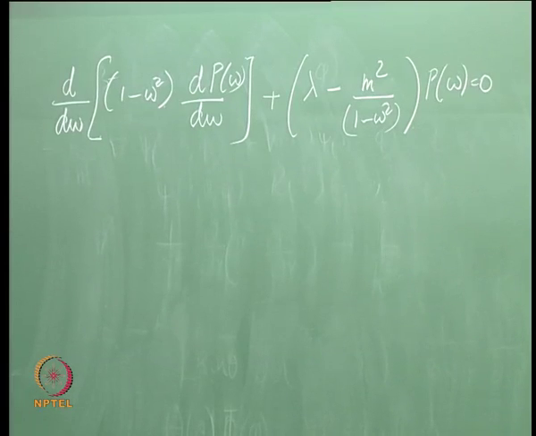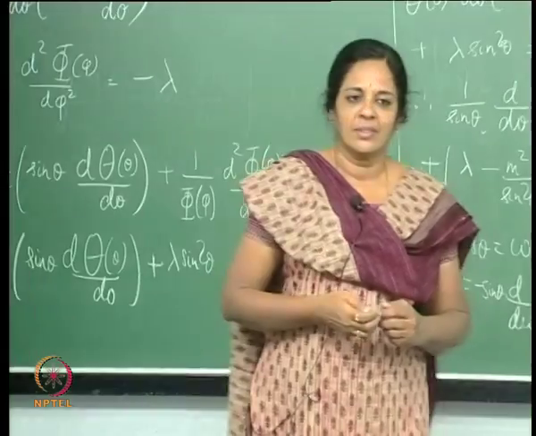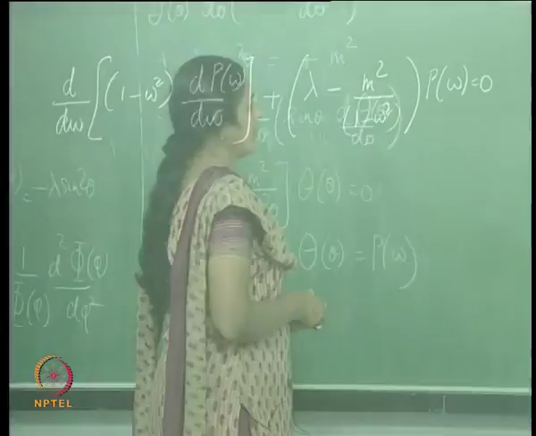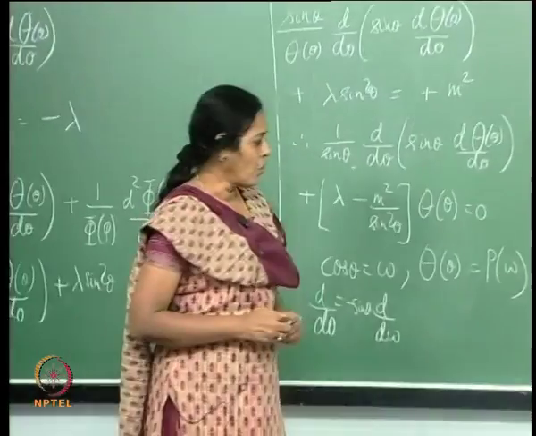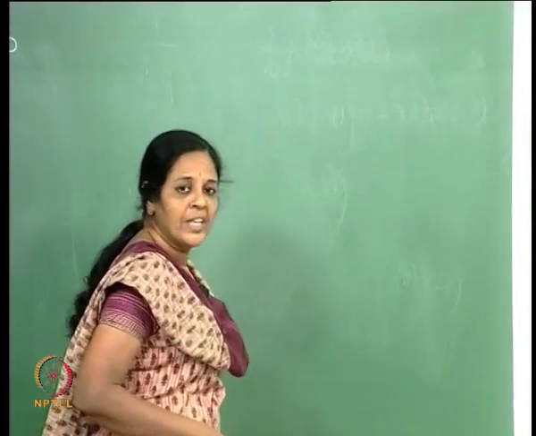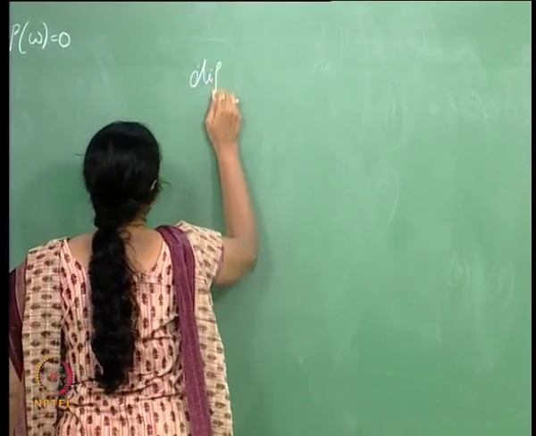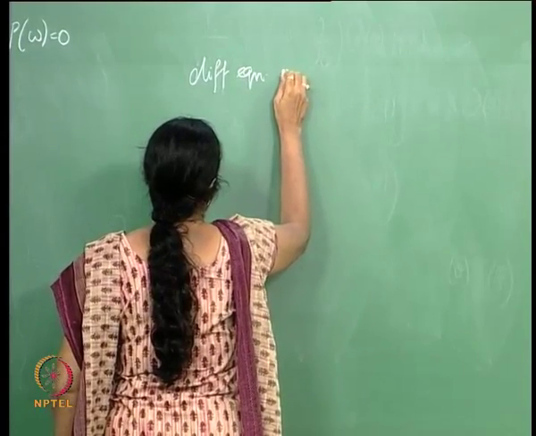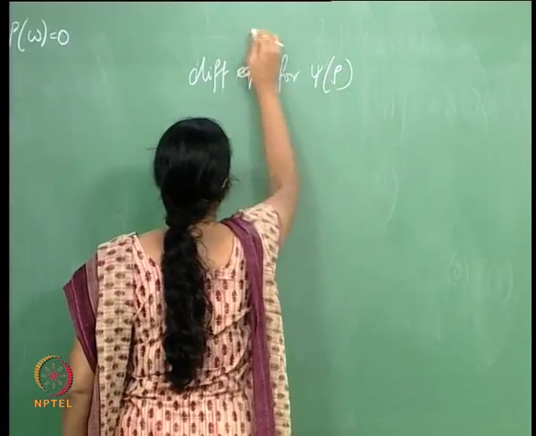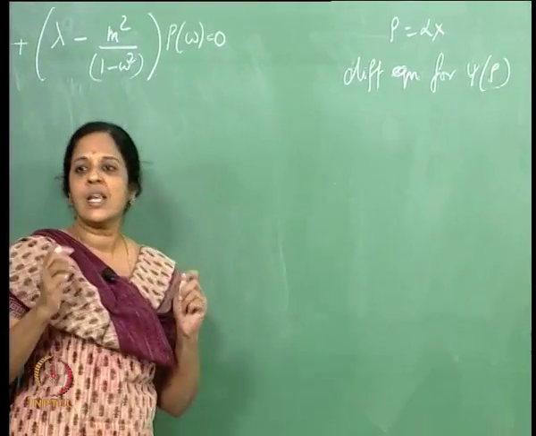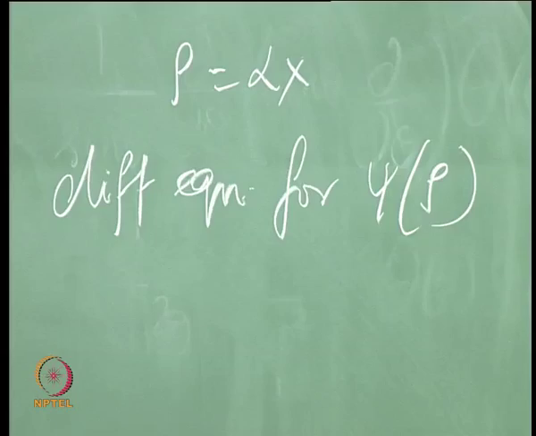As I said, this is analogous to the procedure we used when we worked with the linear harmonic oscillator. Let me quickly recapitulate what we did in the case of the harmonic oscillator. There we had a differential equation for psi of x, where I defined rho as alpha x and therefore wrote it as psi of rho. Then we examined that equation asymptotically.